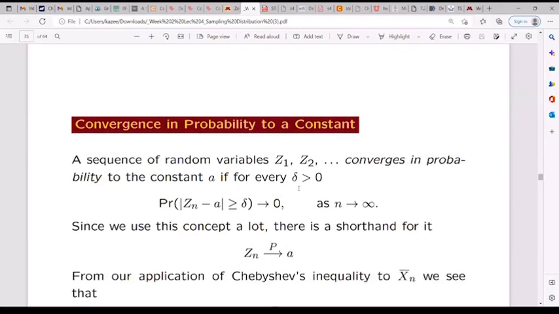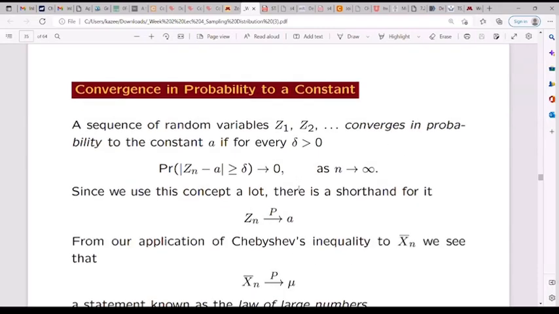So now the convergence that we're talking about is, what do we mean by convergence? Something actually leads to something. If we want a sample mean to converge to the true mean, what are we basically going to do?